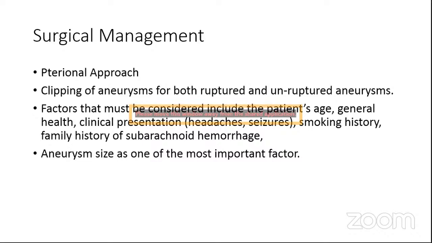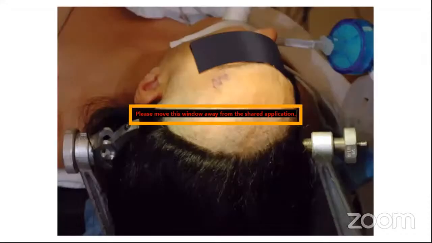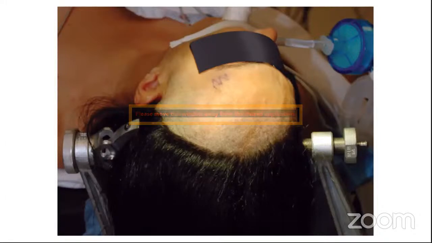This should be planned accordingly before we move to the surgical procedure. This is the standard supine position, with the head tilted to the opposite side with 30 degrees rotation, and the head should be cleanly shaved.